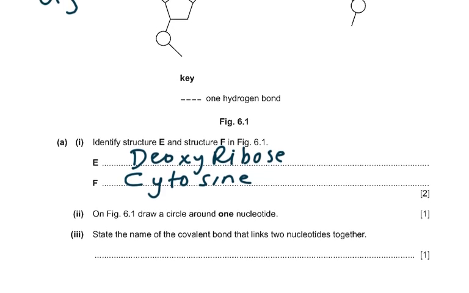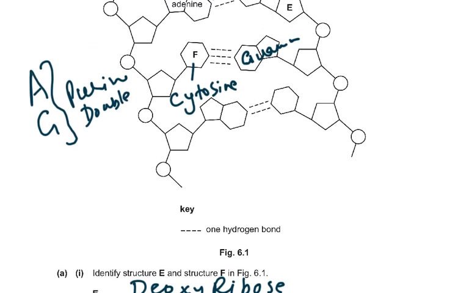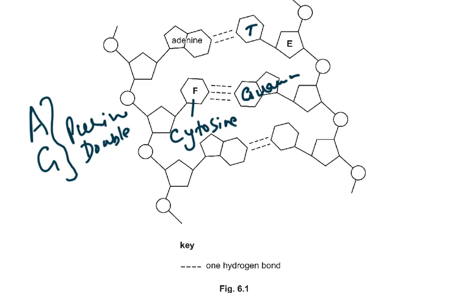Then on figure 6.1, draw a circle around one nucleotide. Now you've got to understand what a nucleotide is. A nucleotide is a 5-carbon deoxyribose plus the base. So it can be this. This is a nucleotide. Or you can do a whole lot of nucleotides.